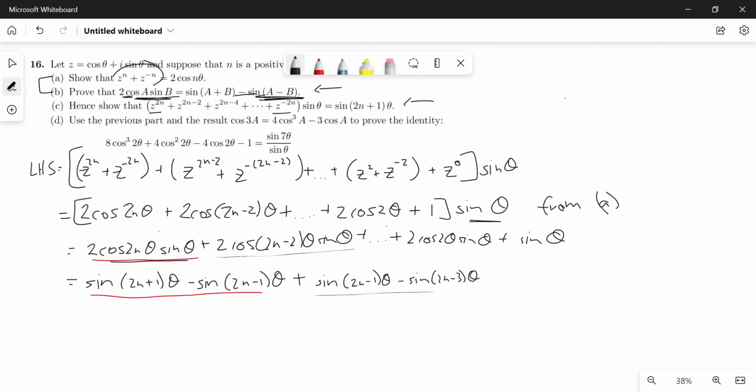Alright, so let's go dot dot dot. So if I go to this one here, I'm going to add first, so I'll get 3 theta. And then I'm going to minus, so I'll get 2 theta minus theta is theta. But I've also got plus at the end sine theta.